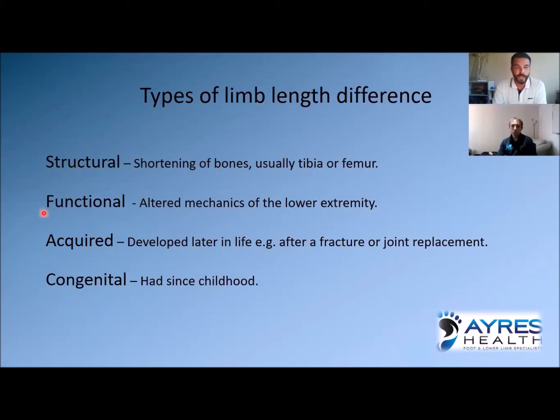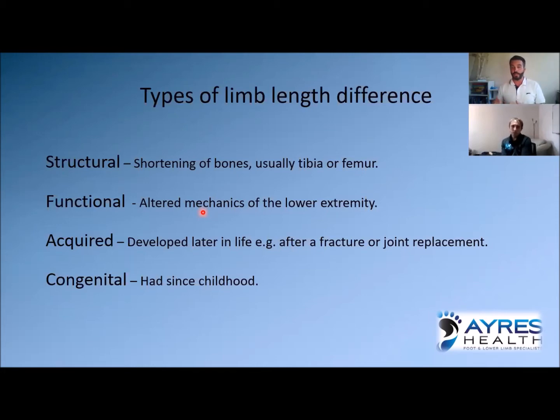The next type is a functional limb length difference. Now this is where all the bones are of equal length, but for some reason, when the person stands up, one limb ends up longer than the other limb. This is usually due to altered mechanics of the lower extremity. So you can have arthritic changes. Someone's got a very arthritic knee, their knee might not be able to straighten up properly, and that will make that limb shorter.